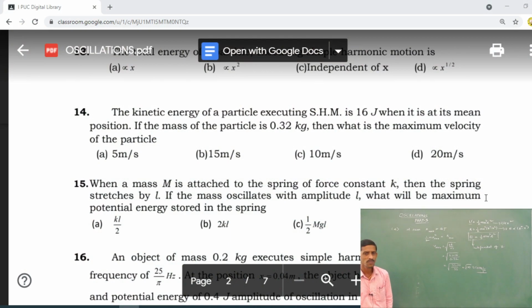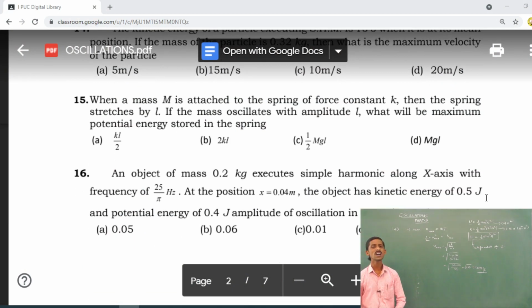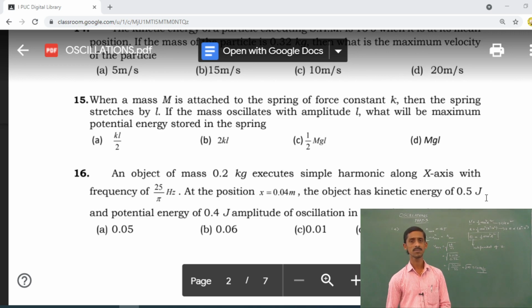Question number 15. When a mass m is attached to a spring of force constant k, then the spring stretches by L. If the mass oscillates with amplitude L, what will be the maximum potential energy stored in the spring?